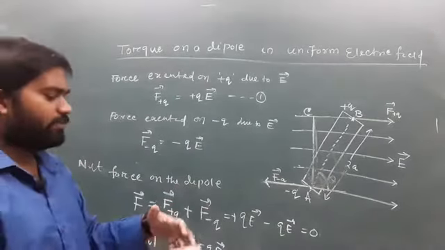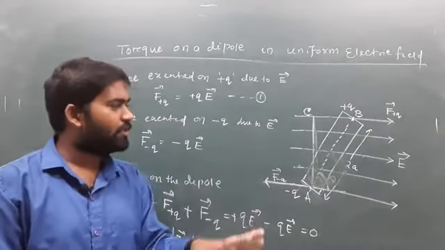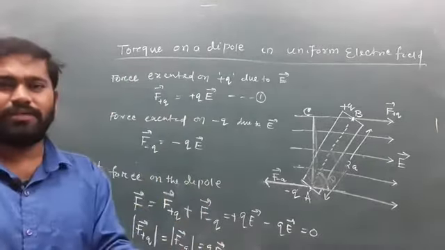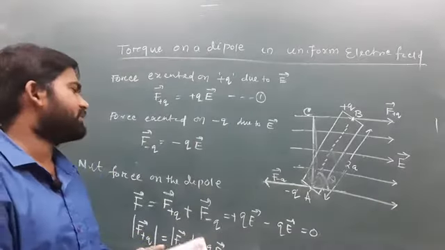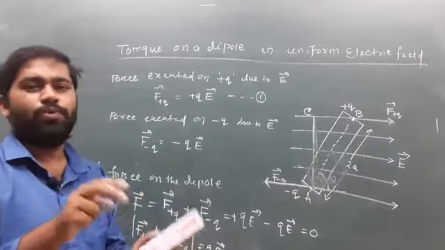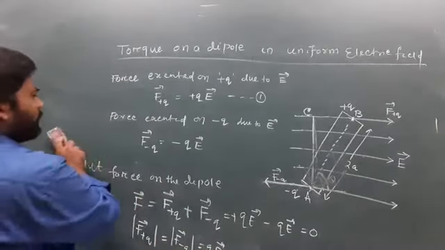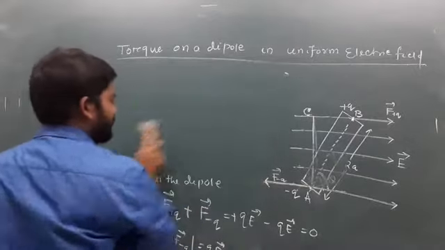Because of this rotation we can measure the torque, because the definition of torque says that tau equals force into the perpendicular distance between the forces. So what will be the expression for torque?